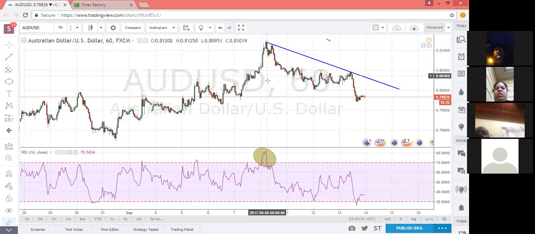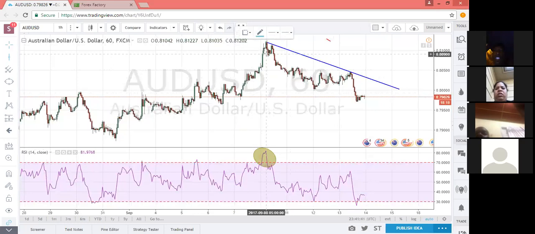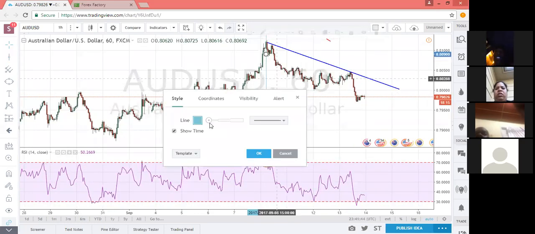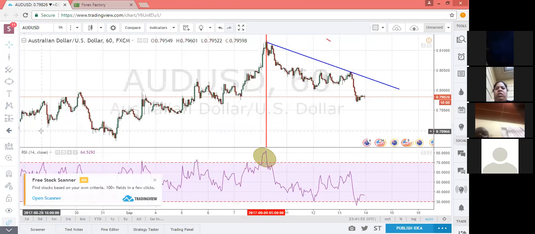Pretty much around the same area, let me see if I can draw a vertical line. Format. Let's broaden it a bit and turn it red. I'll use this to show you where this red vertical line is.